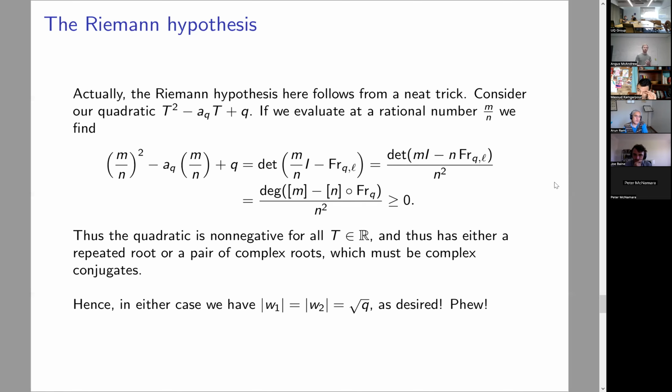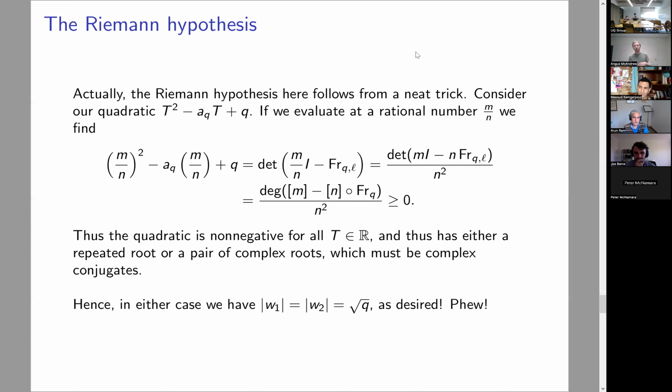So can you remind me again exactly what is the statement of the Riemann hypothesis? Of the Riemann hypothesis? Yeah. Yeah, so what the Riemann hypothesis says is that once we have our zeta function, for each i up to 2 times the dimension, we get some polynomial factor P_i of your rational function.